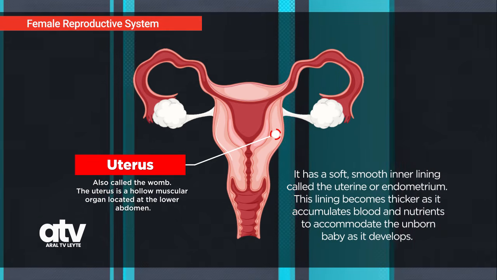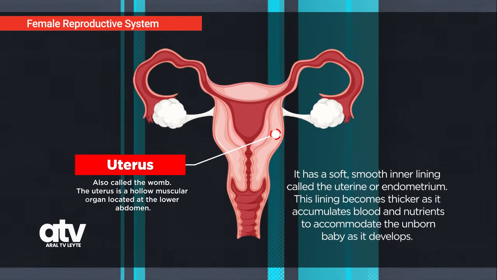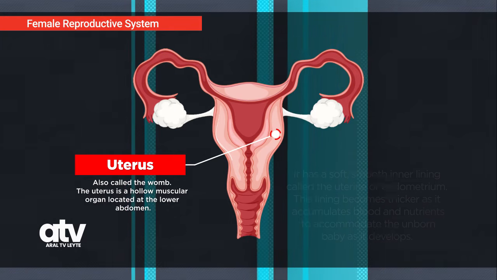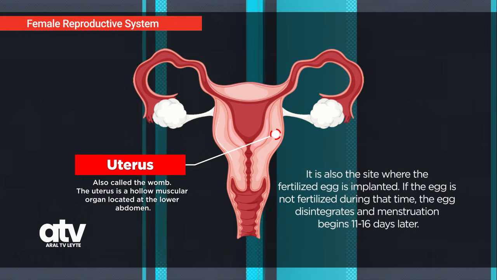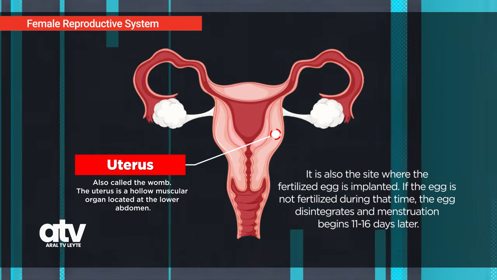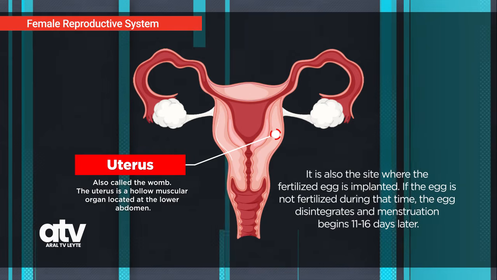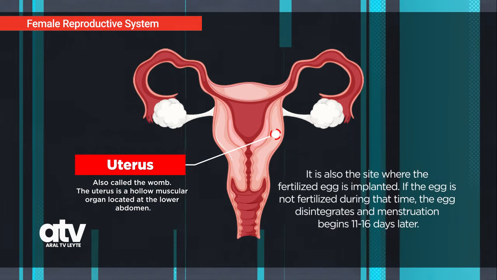This lining becomes thicker as it accumulates blood and nutrients to accommodate the unborn baby as it develops. It is also the site where the fertilized egg is implanted. If the egg is not fertilized during that time, the egg disintegrates and menstruation begins 11 to 16 days later.